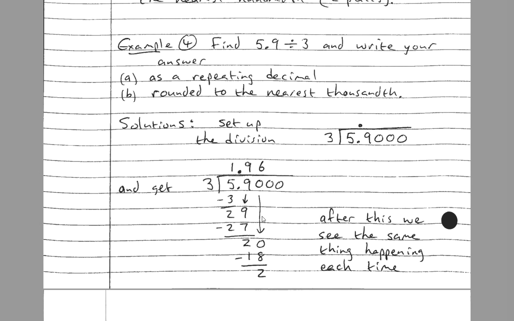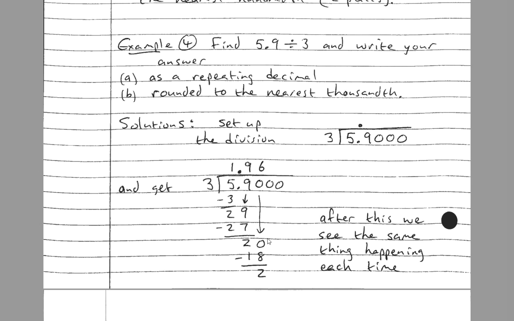Okay, now we're starting to bring down the zeros. So bring down this first 0. 3 goes into 20 6 times. That's 18. Subtract that 18, we get 2.